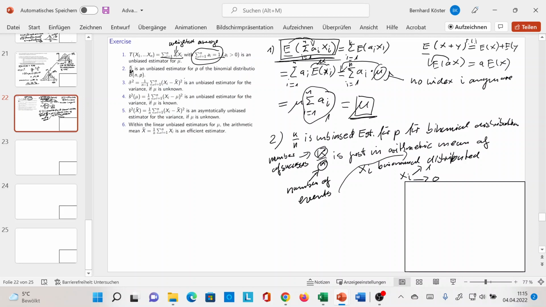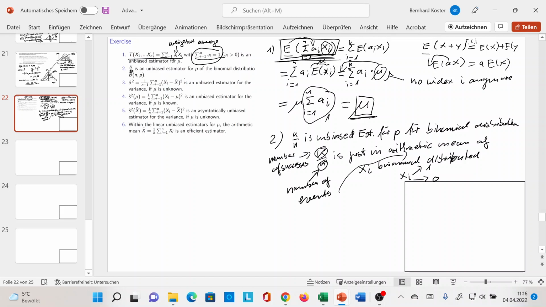And this means, since the arithmetic mean is just a weighted average, so to speak, weighting every random variable with the same weight, 1 over n, this is just an estimator out of this class.